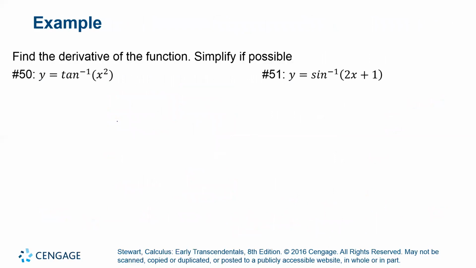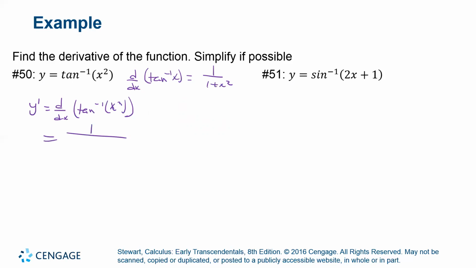Now, if we differentiate arctangent of x, this becomes 1 over 1 plus x squared. So if I want to find y prime, the derivative of the arctangent of x squared, I use the formula: 1 divided by 1 plus the x squared, where whatever I see here goes right there.